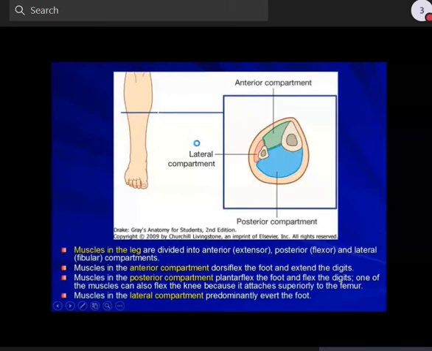Muscles in the leg are arranged in three groups: anterior extensors, posterior flexors, and lateral fibular or peroneal muscles.